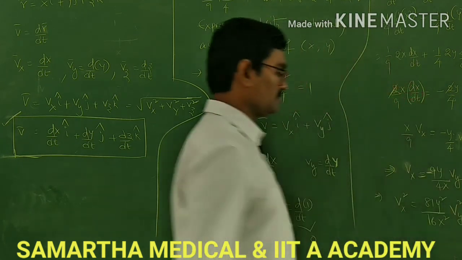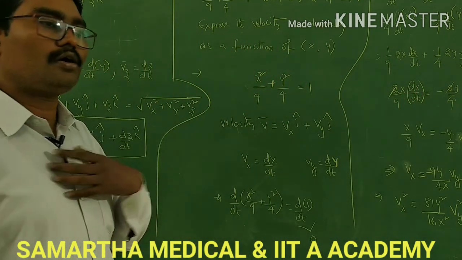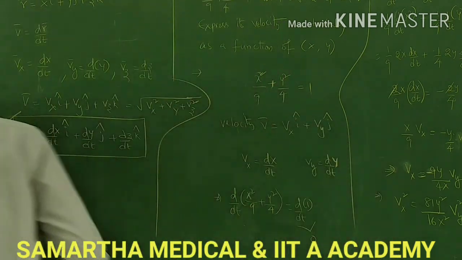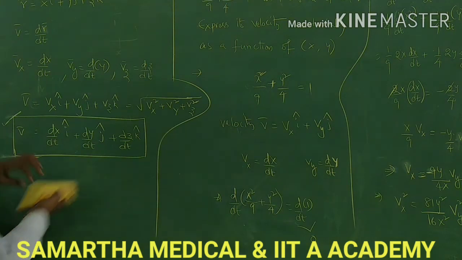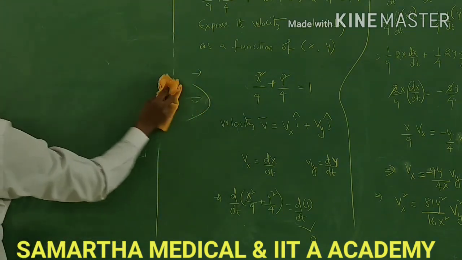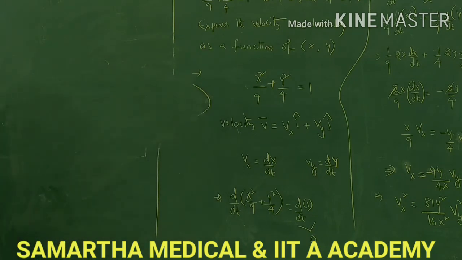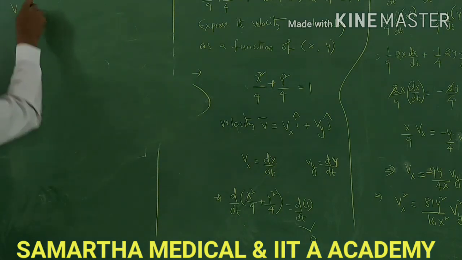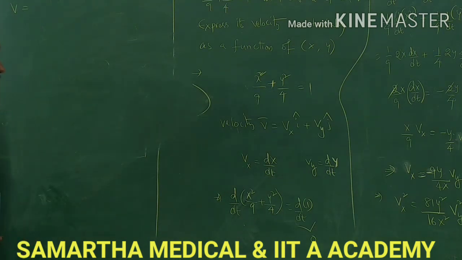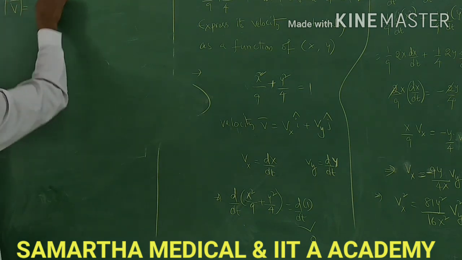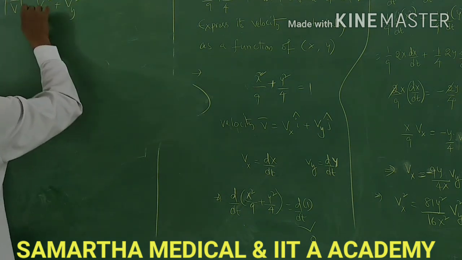That is the value of vx square. So the magnitude of v bar is vx square plus vy square under root.